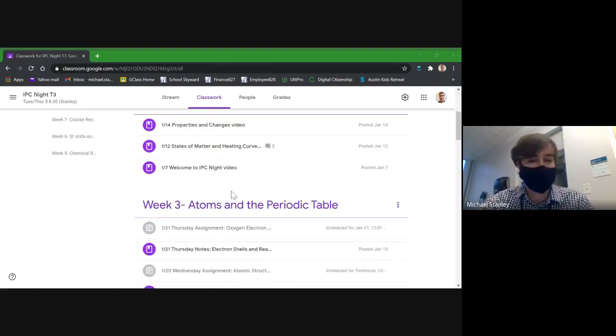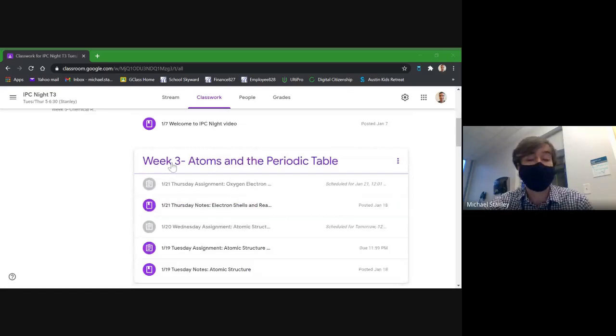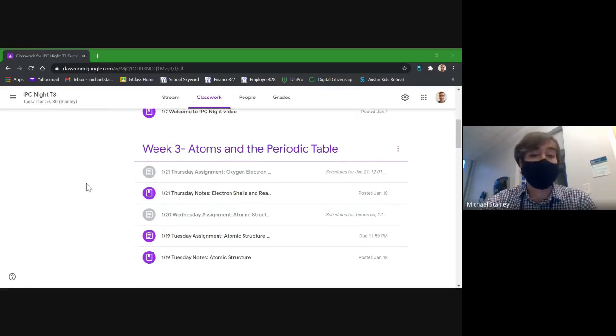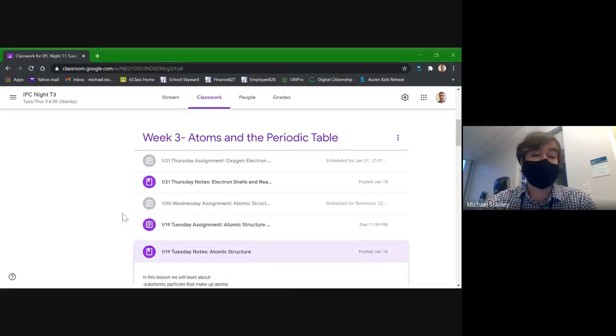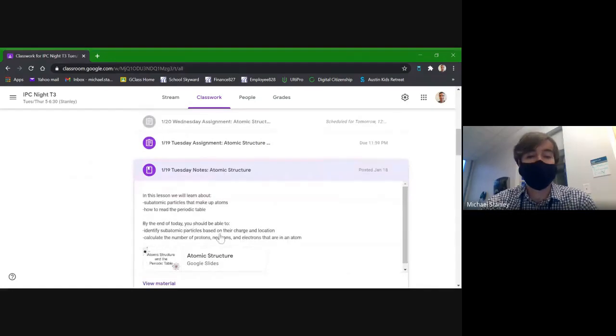So today, we are going to be getting into atoms, which are the tiny microscopic building blocks that make up all of the substances in the universe.